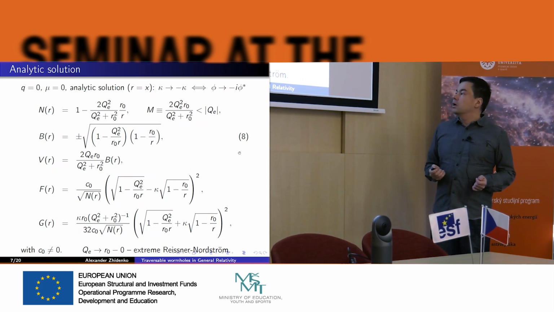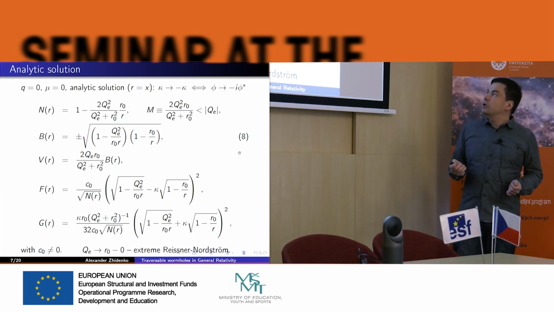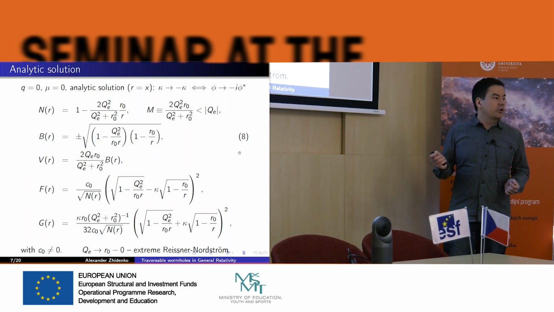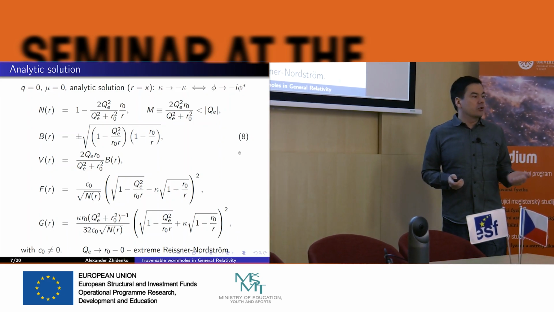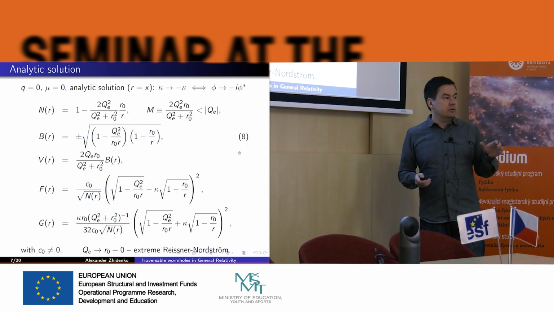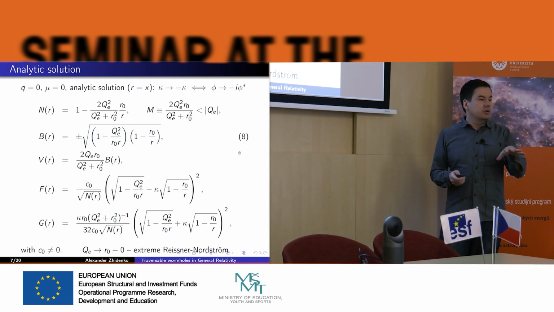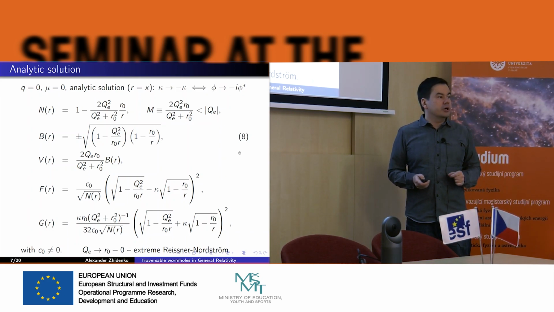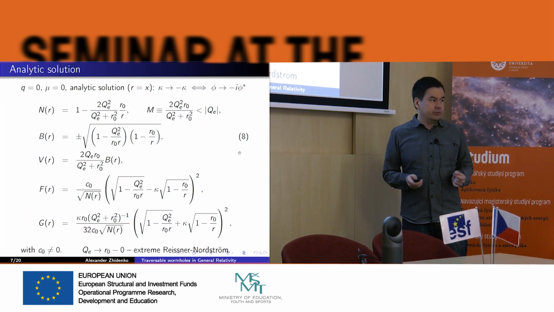But this latter problem is solved when we consider non-zero fermion mass. If we have non-zero fermion mass, the fermions become short-ranged, and it turns out that they are localized close to the wormhole's throat.